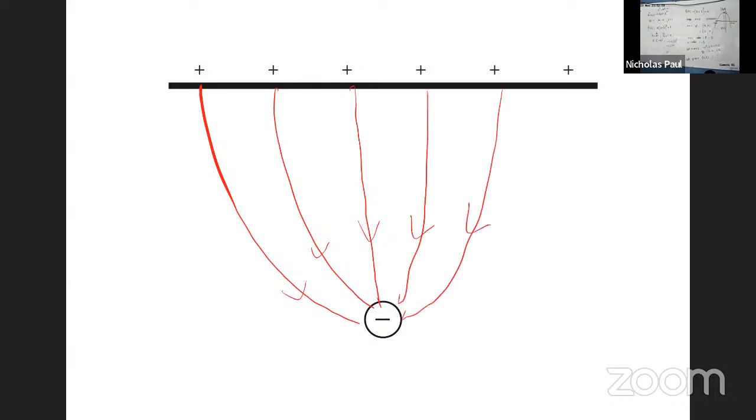Yeah, all the field lines going towards the negative. That's attraction. So what would happen to that charge? It will be attracted upwards, right? The positive plate will pull it.